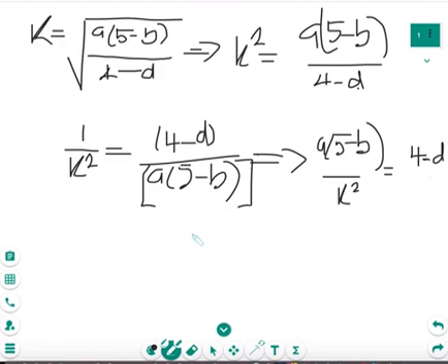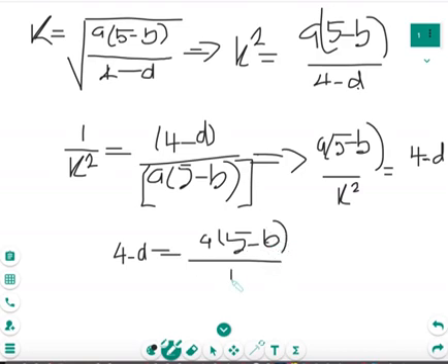So you can just flip it over, and then you get 4 minus d is equal to a into brackets 5 minus b bracket closed over k squared. Over k squared. Let me write the k properly.